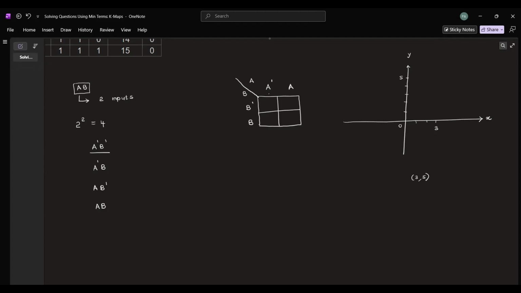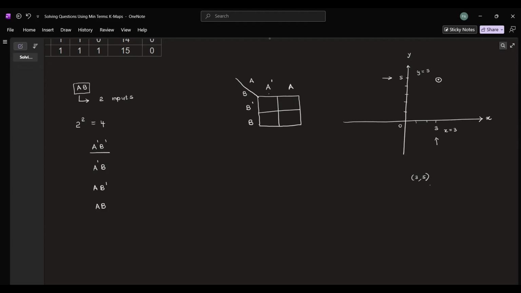Then you will mark the point that is intersecting both these lines. This horizontal line represents y equals 5, and a vertical line represents x equals 3. The intersection of these two lines will be 3 comma 5. That's how we plot a graph.